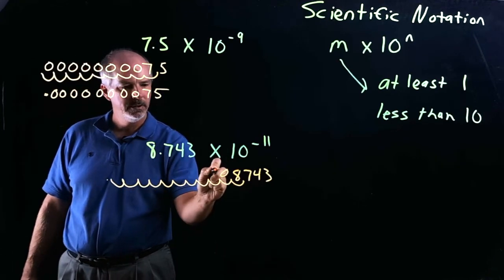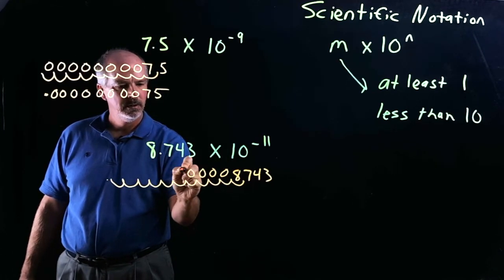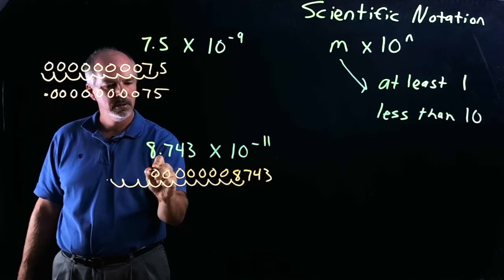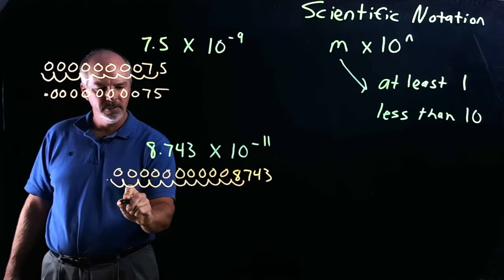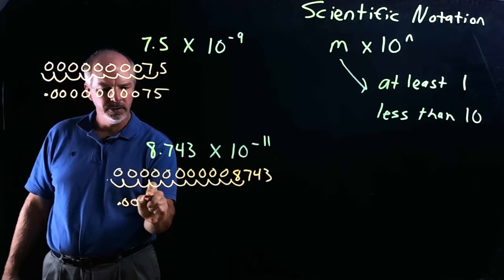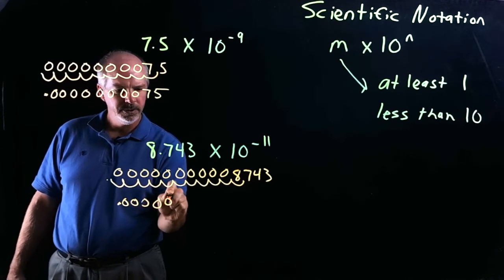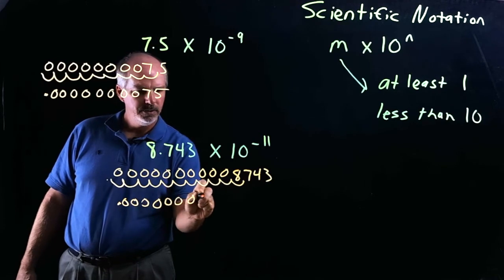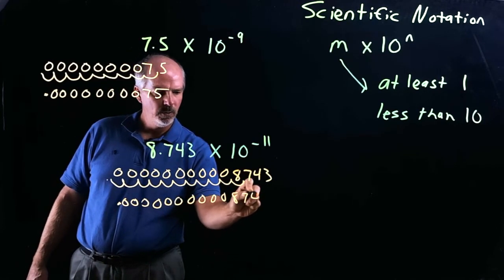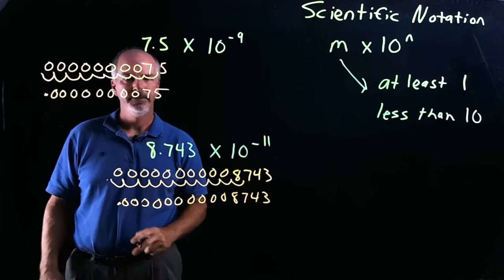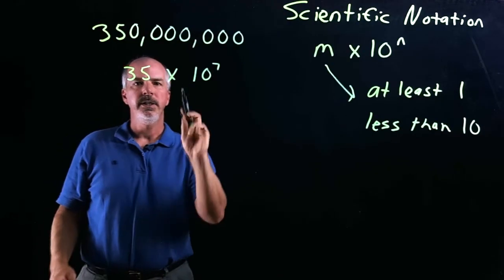Add our zeros. Okay, and our new number becomes 0.00000008743.